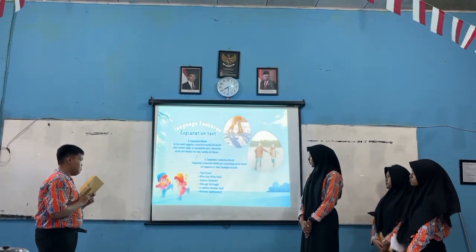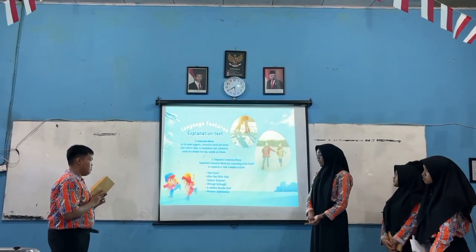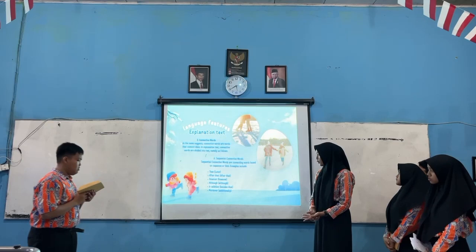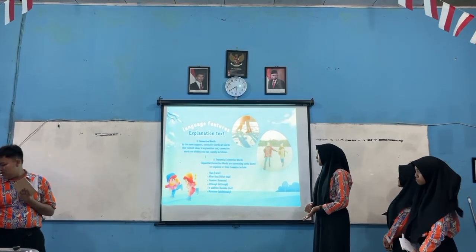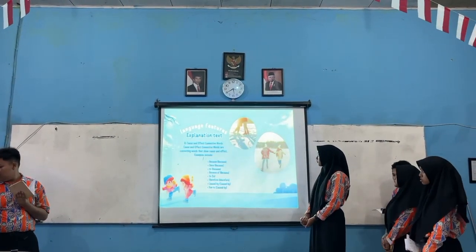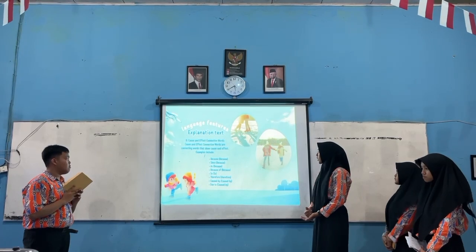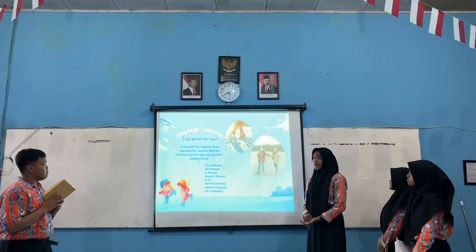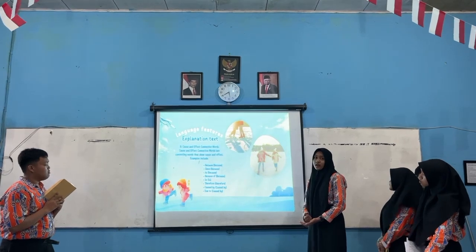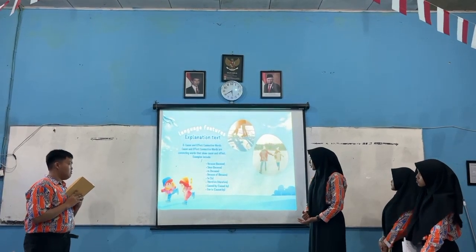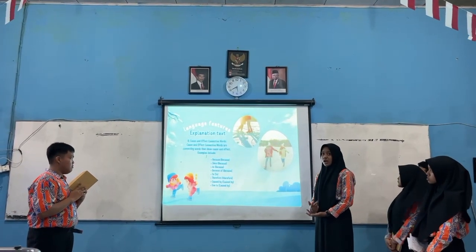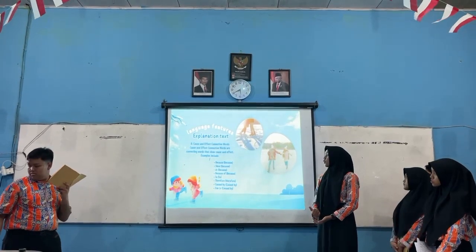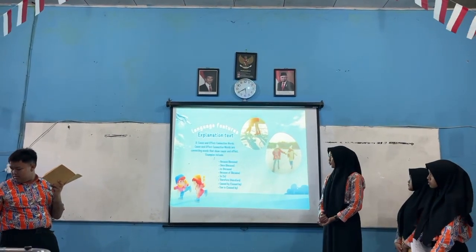Examples include then, after that, however, also, in addition, and moreover. B. Cause and effect connective words, which show cause and effect. Examples include because, since, as, because of, so, therefore, caused by, due to.